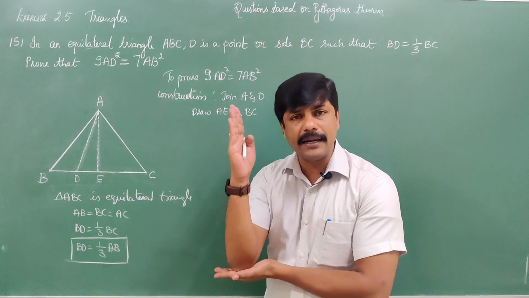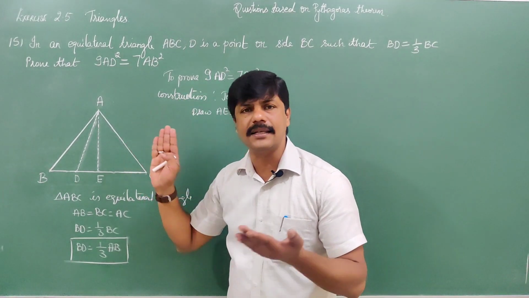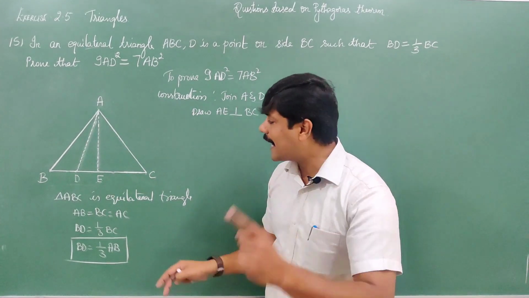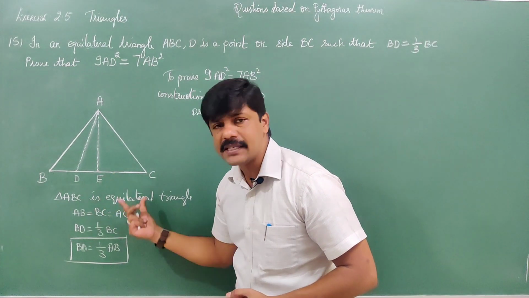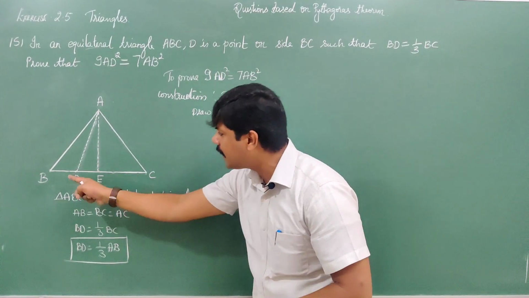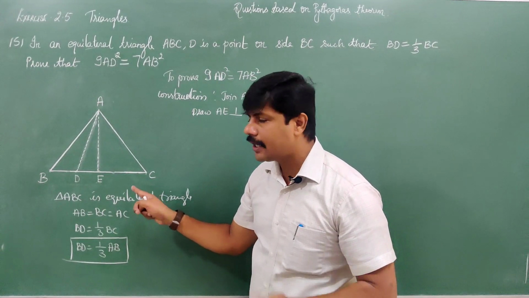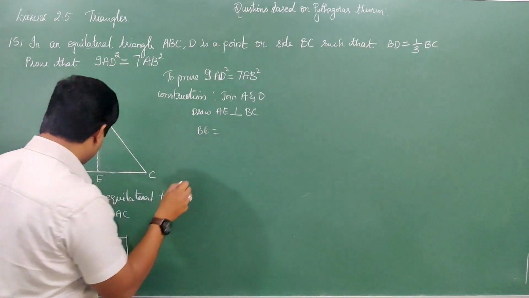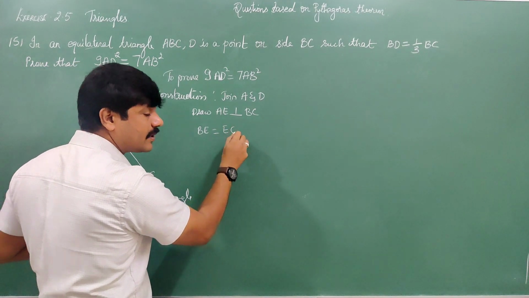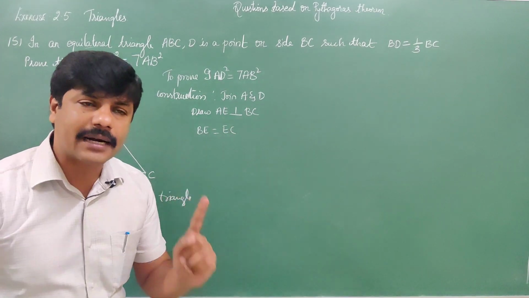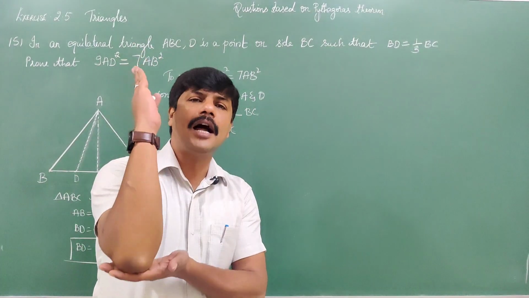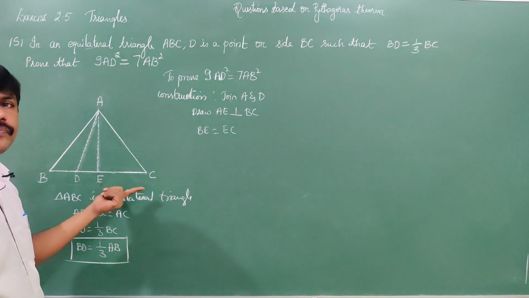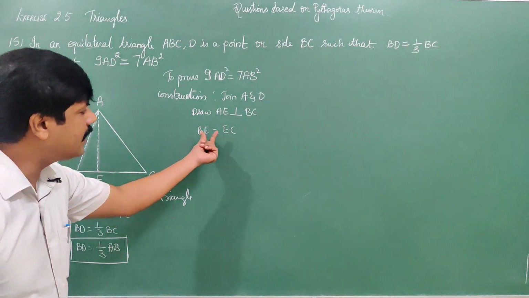And if a perpendicular or an altitude is drawn, that is AE is an altitude here, which bisects the side BC, divides BC into two equal parts, that is BE is equal to EC. Why is BE equal to EC? If in an equilateral triangle you draw an altitude or perpendicular, then it bisects the side, which side? BC. Okay, bisect the side means BE is equal to EC.